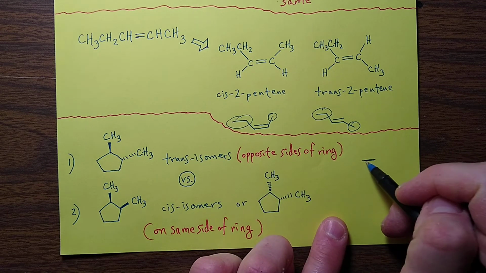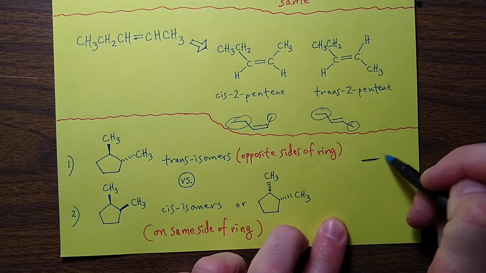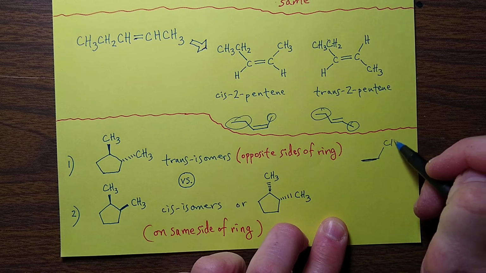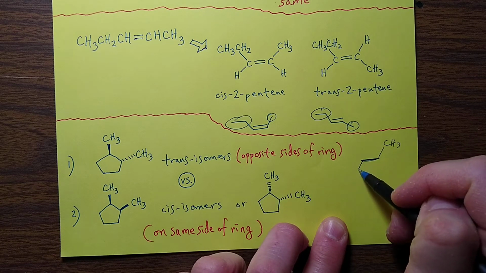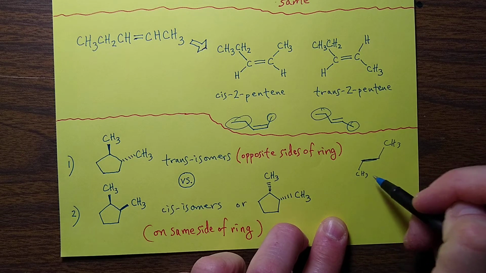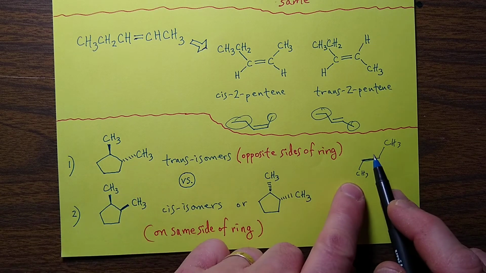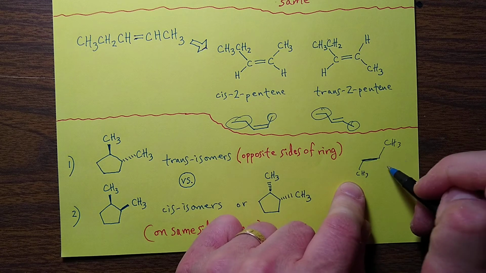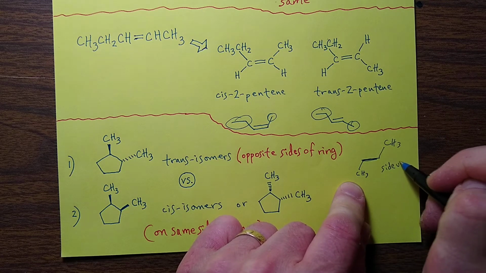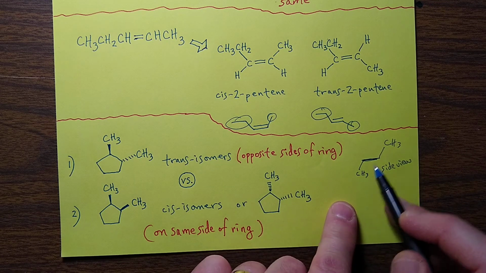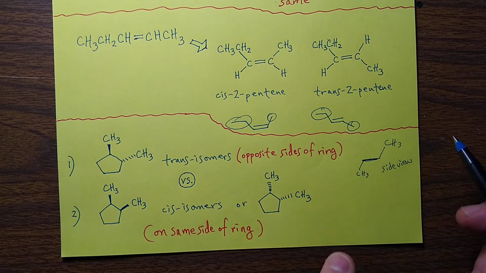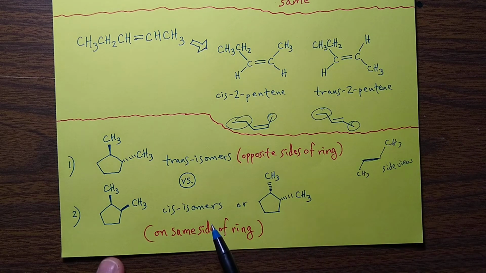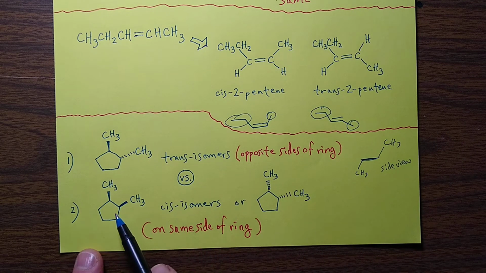What you would see was the ring would be flat, and you'd see a methyl group sticking up here, and on the next carbon it would be down. This is a side view. Side view. So you can see they're on opposite sides. Opposite sides means trans. I hope that's clear.